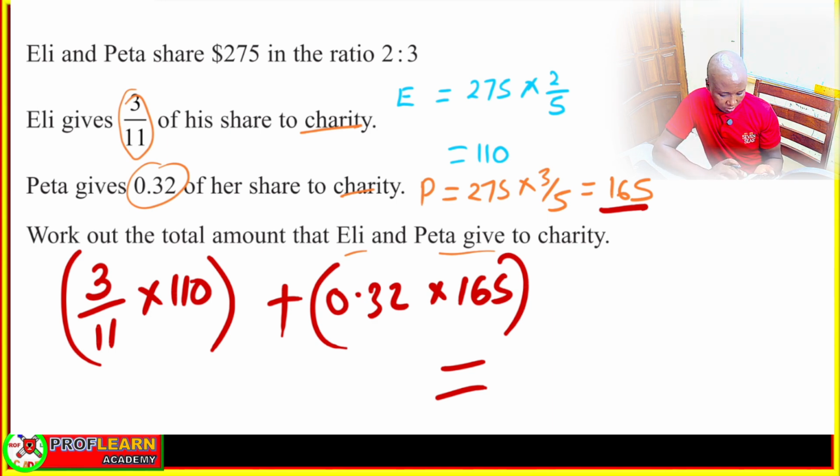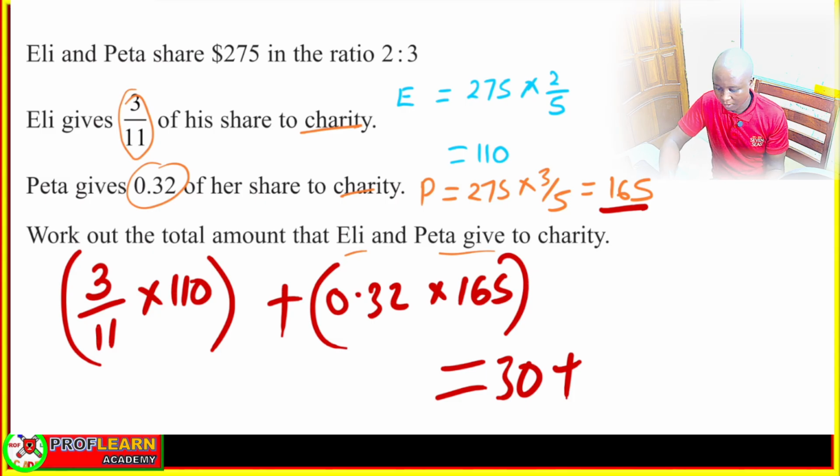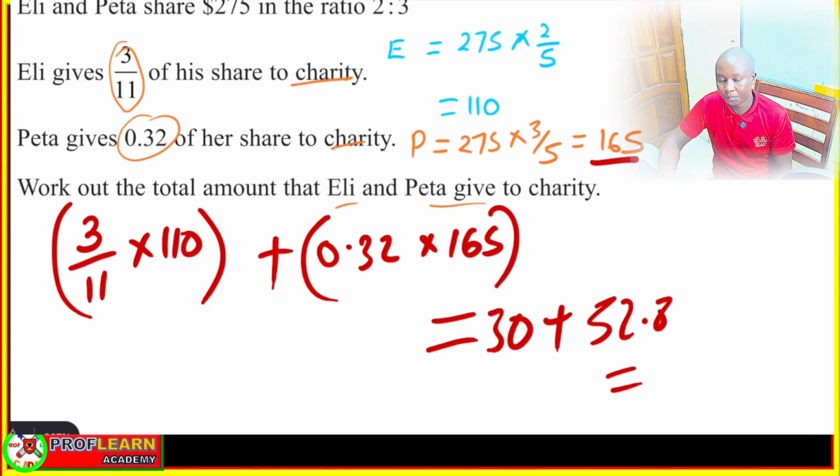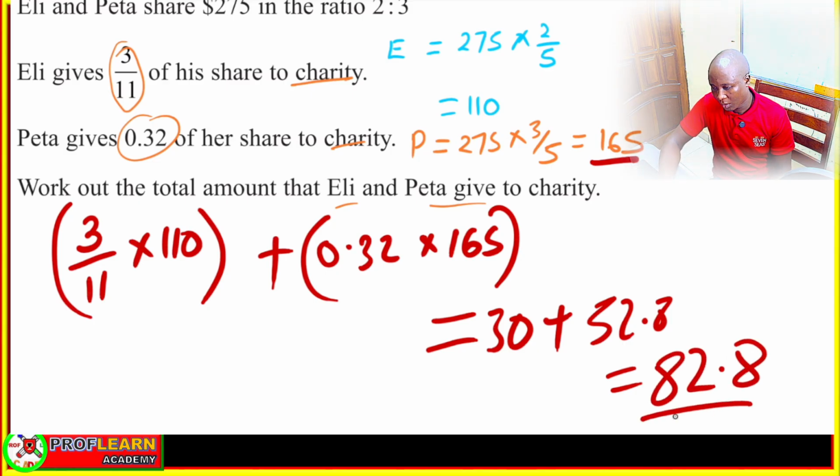So 3 over 11 times 110, you get 30. So this is 30 plus 0.32 times 165, and that is going to be 52.8. So if you add the two, you're going to get the total value being equivalent to 82.8 as the final answer.